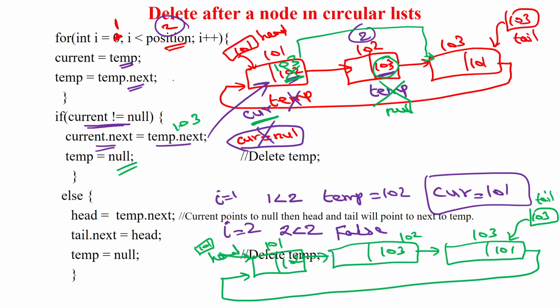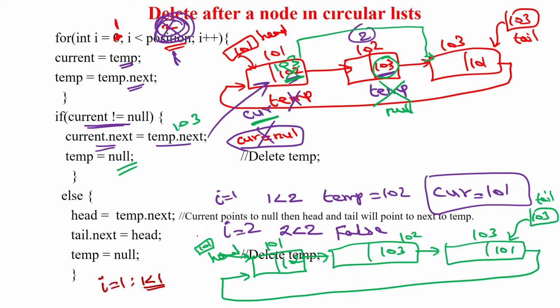If my position is 1, then in iteration number 1, 1 less than 1 is false.